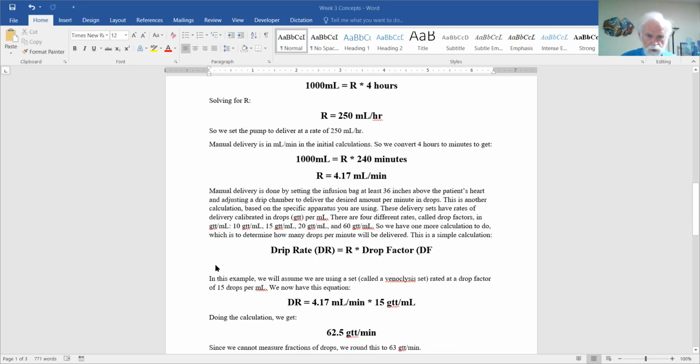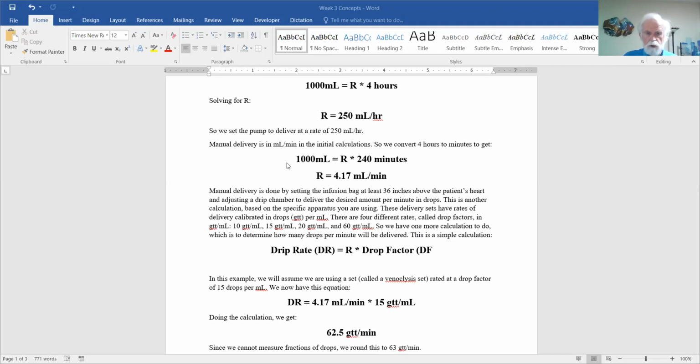And if it's a manual delivery, we have to know which type of venoclysis set we're going to use. As we said, they all have these drop factors, 10, 15, or 20, and then 60. So we have a second calculation to do, which is the drip rate calculation, the rate times the drop factor.